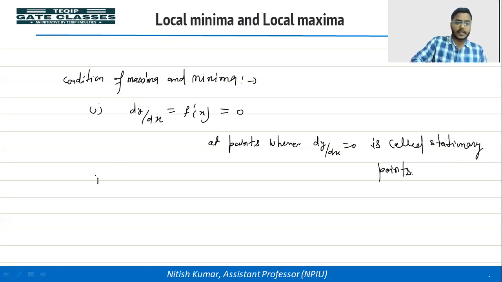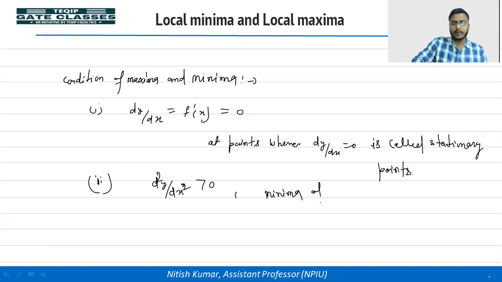Okay. The second condition was when the double differentiation, d square y by dx square, is greater than 0, then we will get the minima of a function.